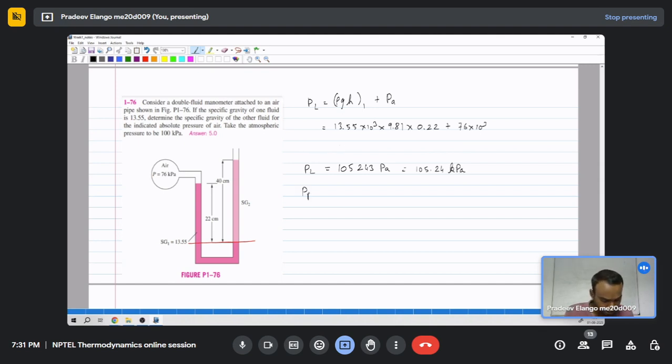Similarly, pressure of the right limb is we have specific gravity of the second fluid into 1000, so this will become density of 2, into 9.81 into the column height, which is 0.4 meters, plus the atmospheric pressure, which is 100 kilopascal or 100 into 10^3 pascals.